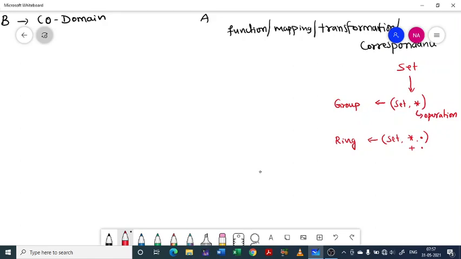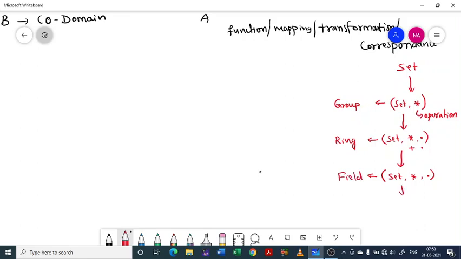So ring is the next version of group. The next version of this is field. Again it is a set along with 2 operations, but the set of conditions it has to satisfy will be more.